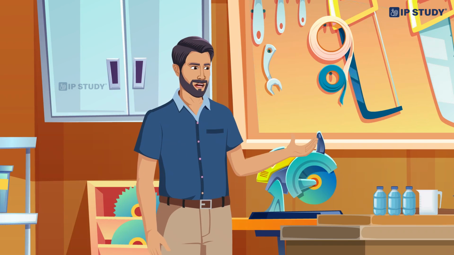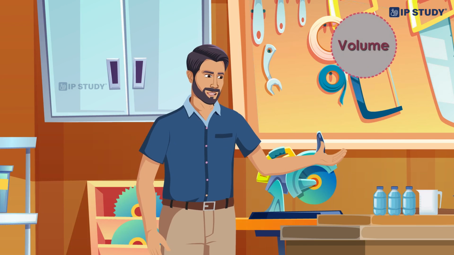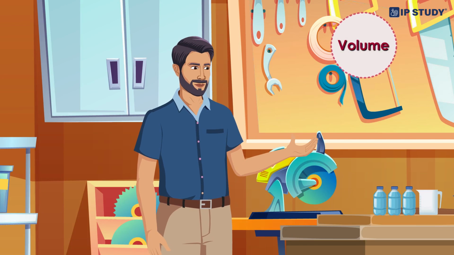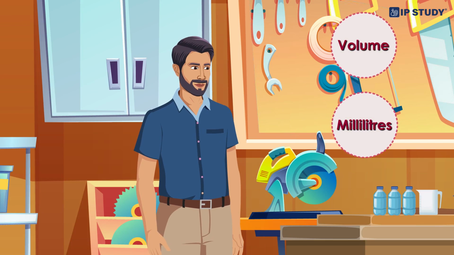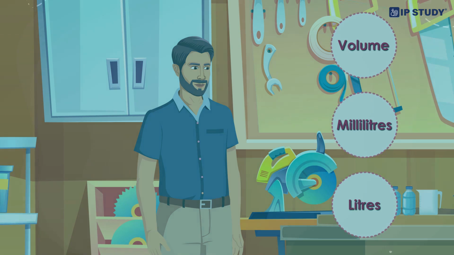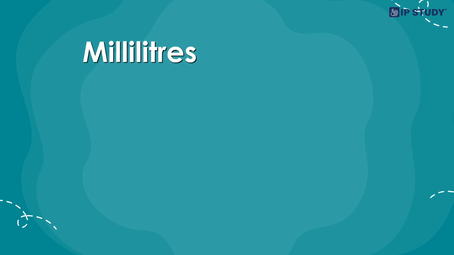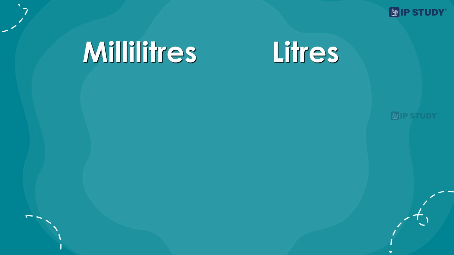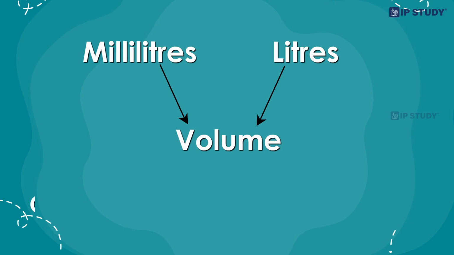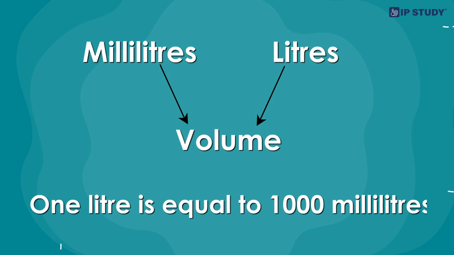Let's talk about volume. Volume is how much space something takes up. We measure liquids in milliliters and liters. Milliliters, ml, and liters, L, are units commonly used to measure volume. 1 liter is equal to 1,000 milliliters.